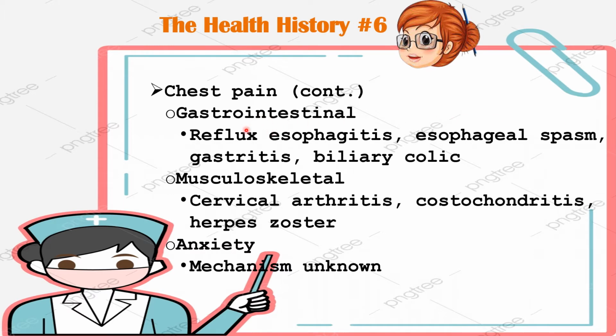If the cause of the chest pain is gastrointestinal, there could be a problem with reflux esophagitis, esophageal spasm, gastritis, or biliary colic. If the cause is musculoskeletal, it could be due to cervical arthritis, costochondritis, or herpes zoster. If the cause is anxiety, it is psychological and the mechanism is unknown.